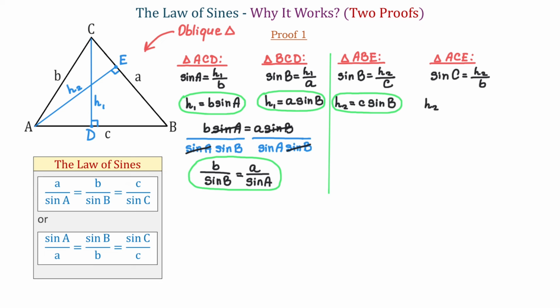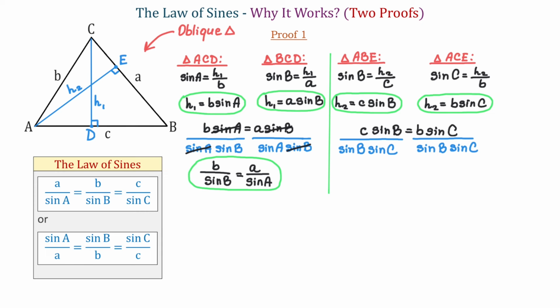Then h sub 2 equals b sine of angle C. And now, because both these expressions represent h sub 2, then we will write that c sine of angle B equals b sine of angle C. Now we will divide both sides of this equation by sine of B, sine of C. Then on the left side we will cancel sine of B, and on the right side we will cancel sine of C. And now we have c over sine of C equals b over sine of B.